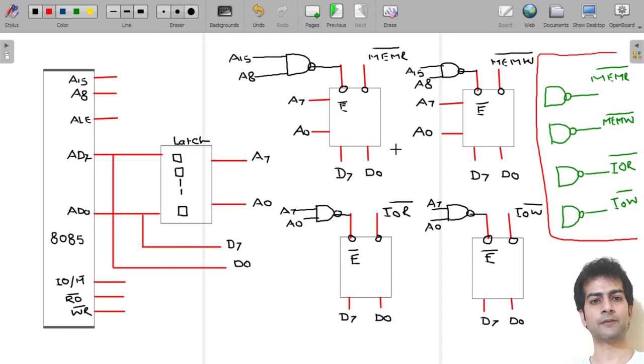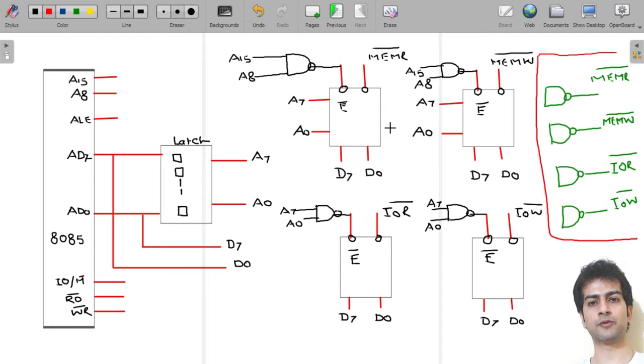Here I am going to again demonstrate how the microprocessor communicates with memory and how it communicates with input-output devices. First we will deal with memory. Here we have two memories.